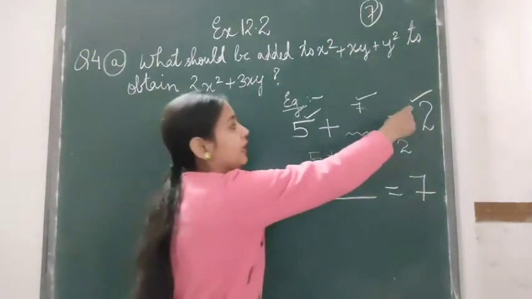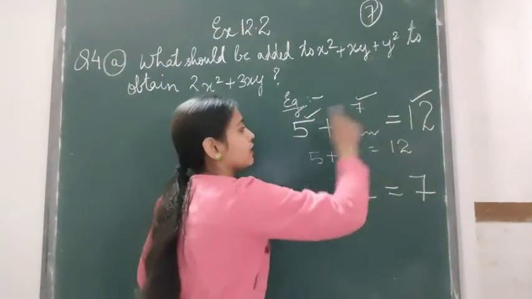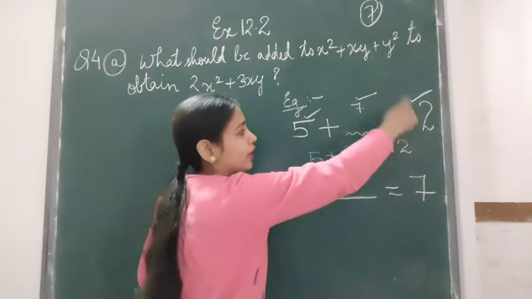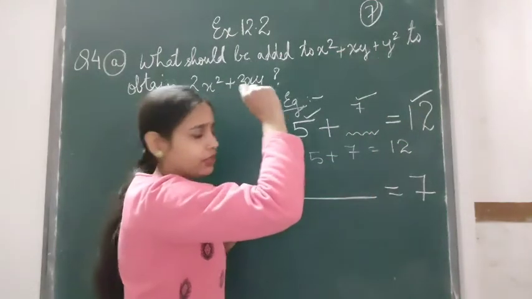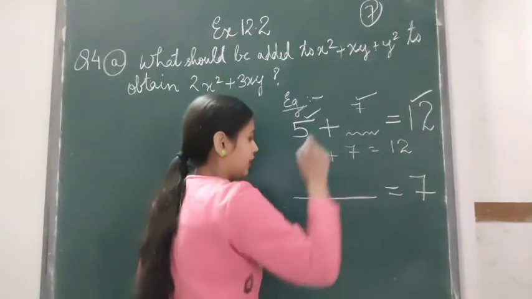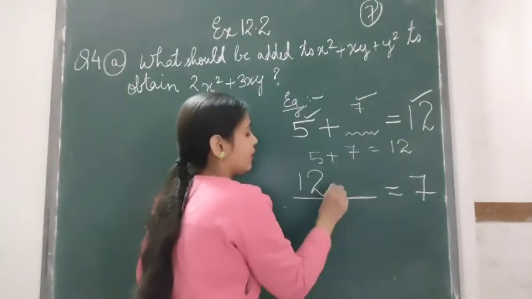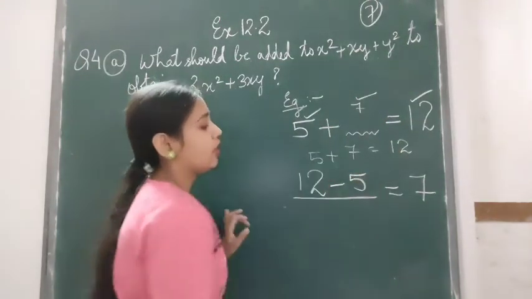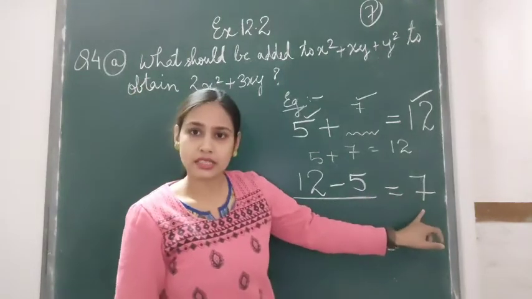Very simple. If you subtract 5 from 12, or in simple language, if you transpose this 5 to that side, that is 12 minus 5, your answer comes out to be 7.